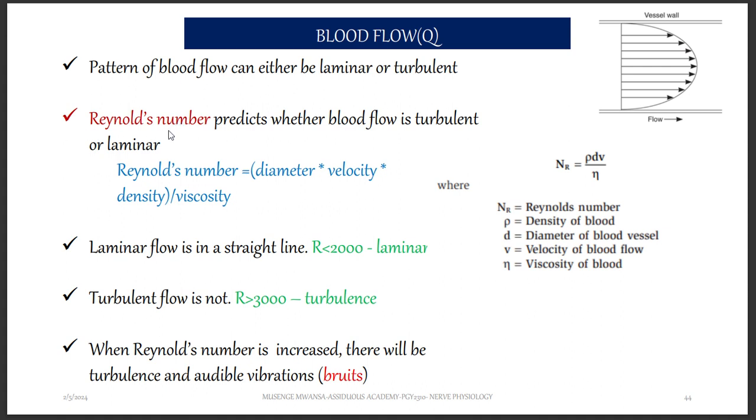Whether it is laminar or turbulent is denoted by the Reynolds number. Reynolds number is given by diameter times velocity times density divided by viscosity.